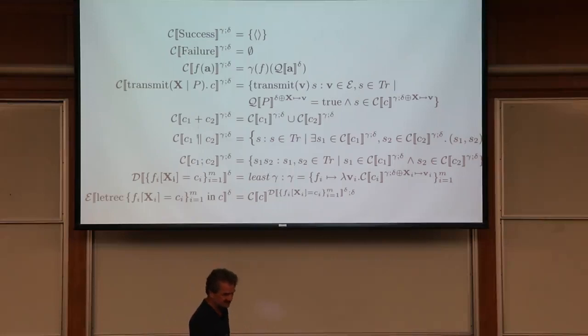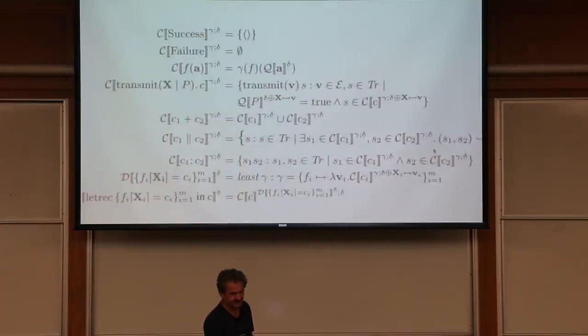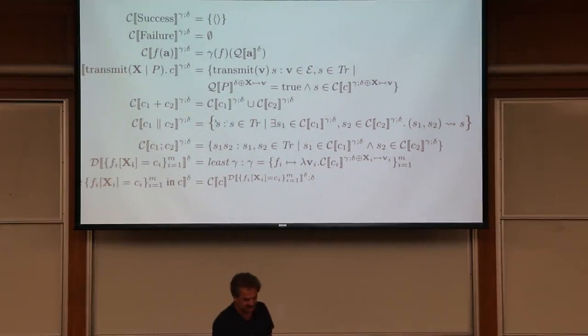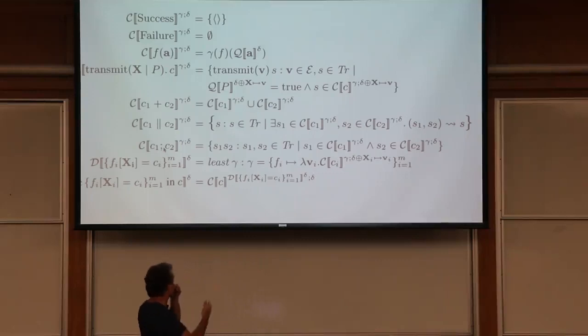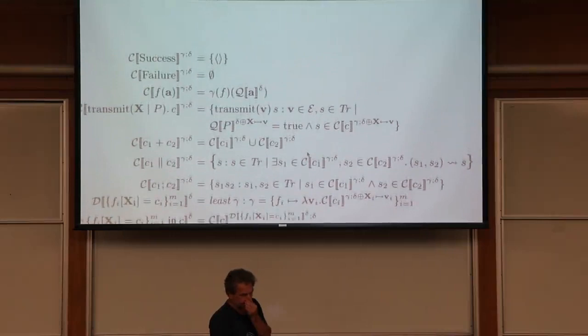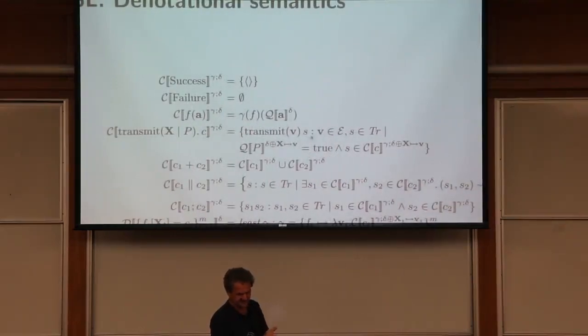The concurrent or parallel operator is interpreted as the interleavings of the two sequences that we have. And the concatenation operator is interpreted as the concatenation on the languages, on the sets of sequences denoted by C1 and C2. And this is basically the set of transmit-starting event sequences with an S at the end, which just codifies what we've seen in the other one.